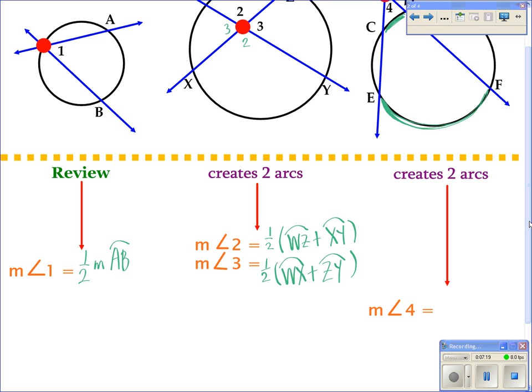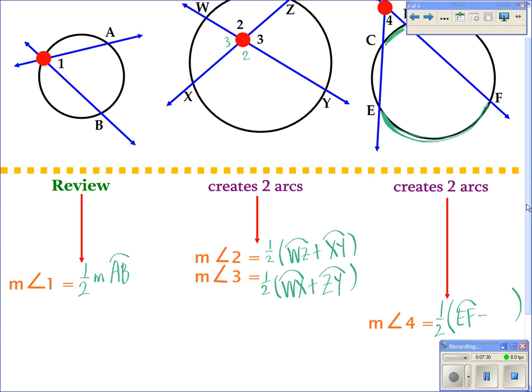So if it's outside the circle, we still have a 1/2. We still have the two arcs, EF, and we're going to subtract from it CD. Now, somebody tell me, why did I put the EF first? It's the bigger arc. We don't want negative angle measures. So you subtract the big arc minus the little one.